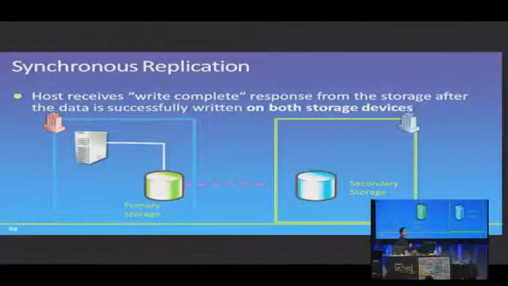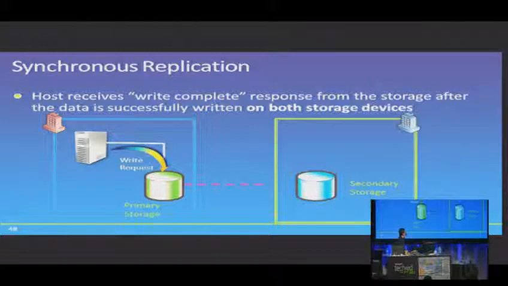But how it works is this. You can either use synchronous replication or asynchronous replication. And the biggest difference here is how far apart these things are and how big your pipe is and how much data is changing. But the issue here is that on synchronous replication, I don't get a write back from a write request. So the VM makes a write request. The Hyper-V host then makes a write request to the storage.